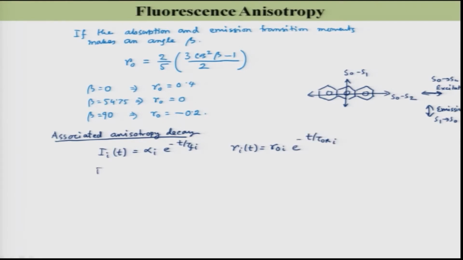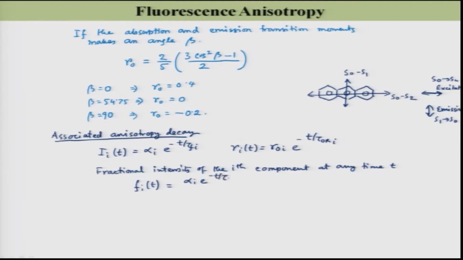So, I can write the fractional intensity of the ith component, if there are only two, then the first or second component at any time t, as f i of t equal to alpha i e to the power minus t by tau f i divided by the sum over i of alpha i e to the power minus t by tau f i.